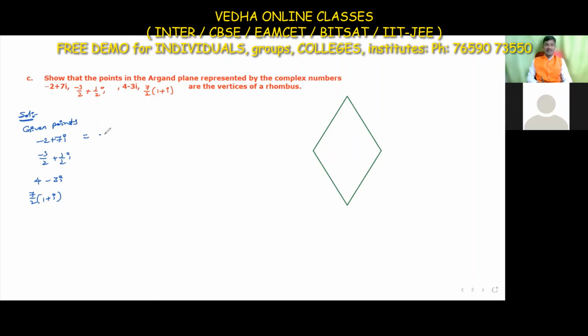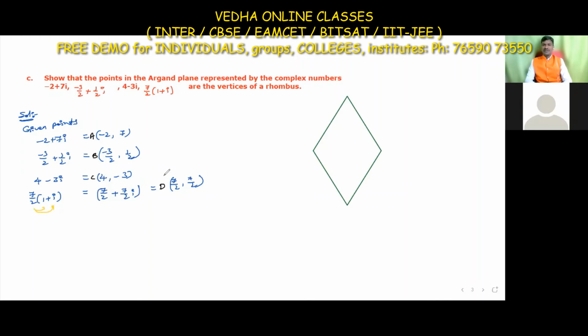Writing them as Argand diagram points: -2 and 7; the next point has real and imaginary coefficients minus 3 by 2 and 1 by 2; here 4 and -3; and the next point, multiply inside: 7 by 2 into 1, 7 by 2 into i, so 7 by 2 plus 7 by 2i, which we write as 7 by 2 comma 7 by 2.